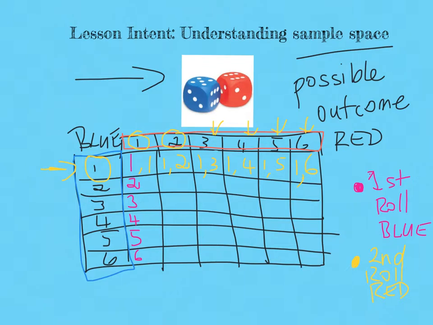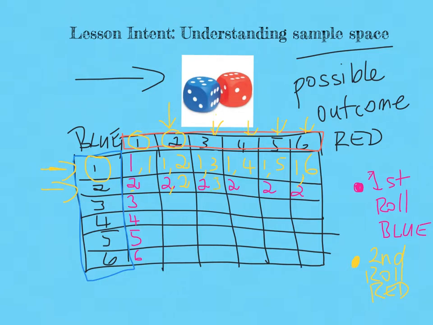Similarly below, here we've got 2. Let me write that in a better colour. Our first roll with the blue could always be in pink, okay? But the second one would be 2, because this is our first outcome, this is our second outcome, third, fourth, fifth, and sixth.